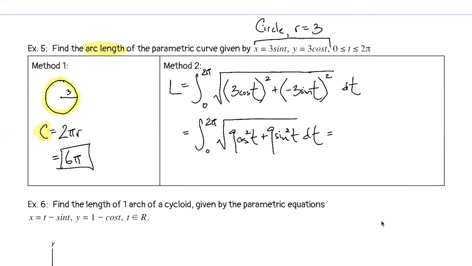And I know that the square root of 9 is 3, so I can even bring that 3 all the way to the front. What's left under the square root is cosine squared t plus sine squared t.